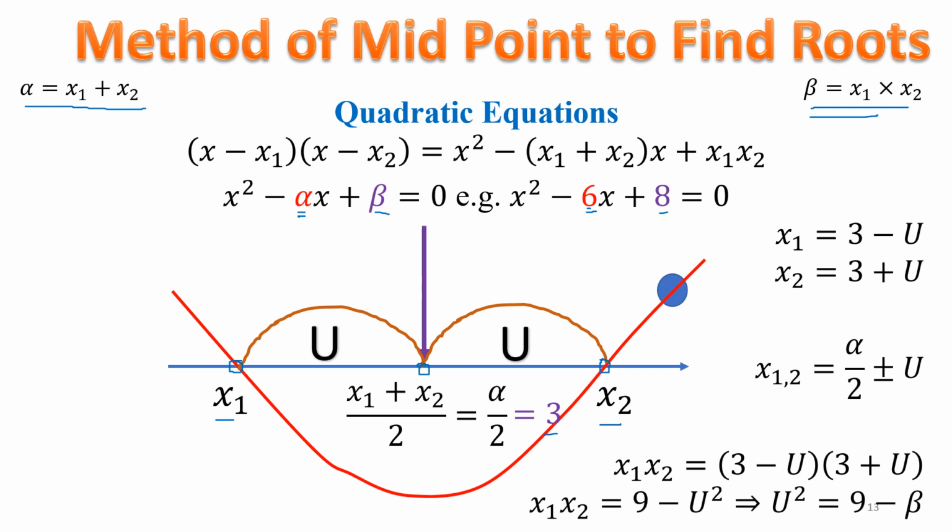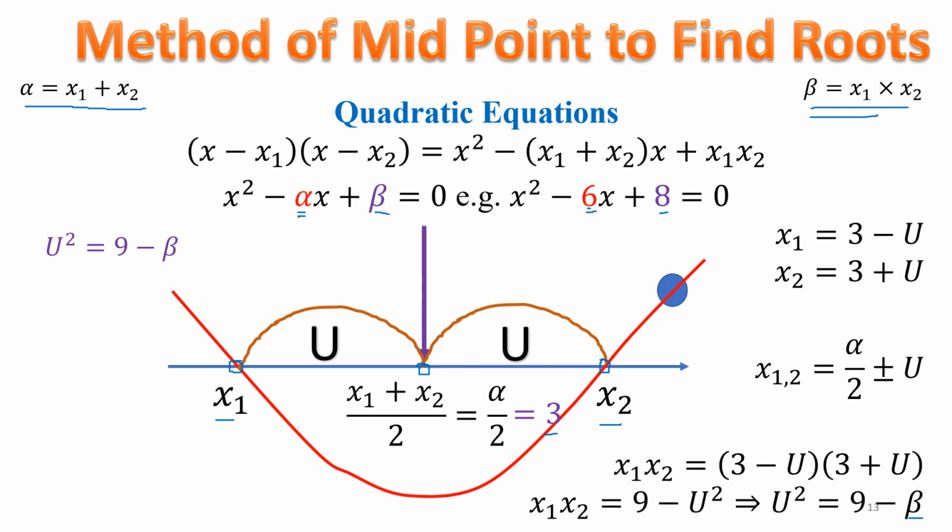This is (a minus b) into (a plus b), so it will be a square minus b square, so it will be 9 minus u square, and here beta is known to us, that beta you can employ. So u square in general will be 9 minus beta.